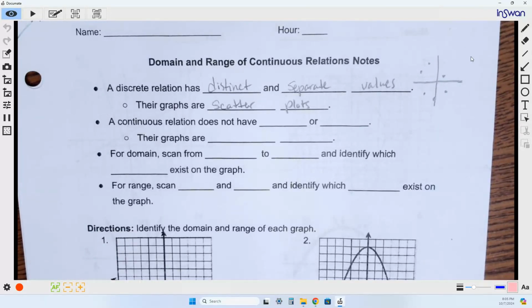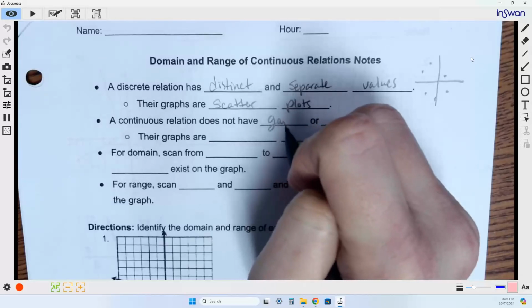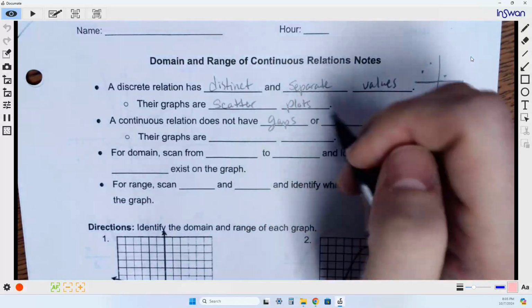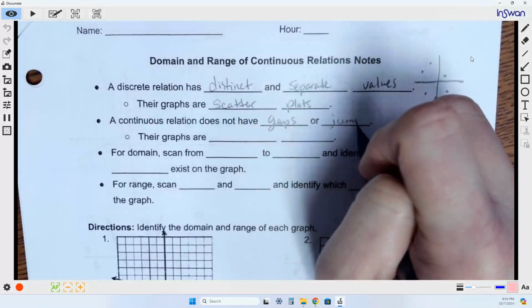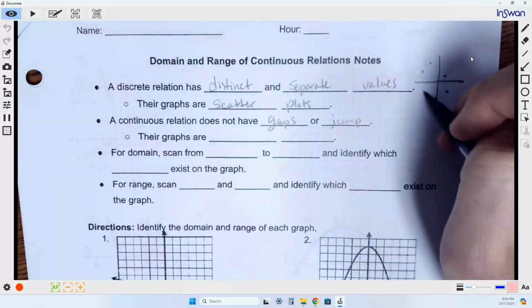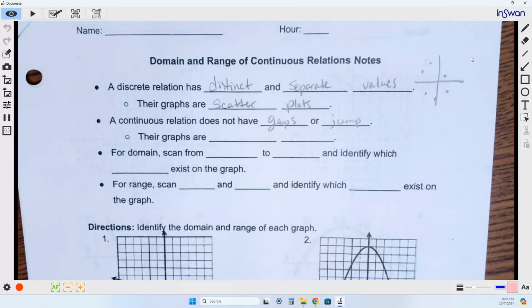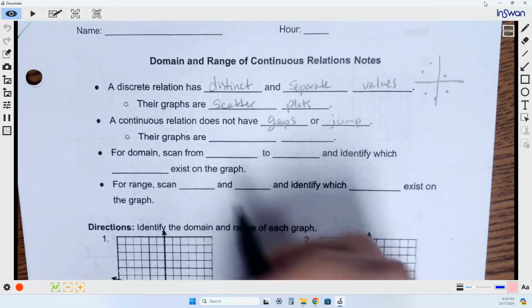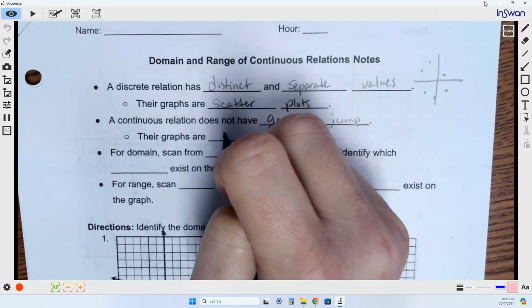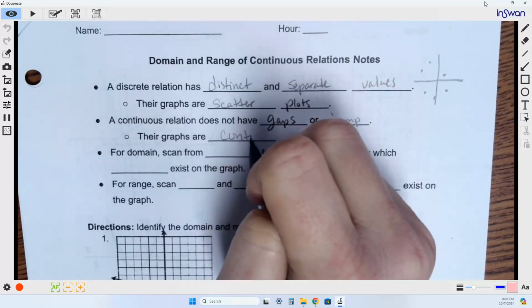A continuous relation, on the other hand, does not have gaps, or they don't have jumps. Like I said, if you refer back up here, we jump around and we have gaps in between, right? So their graphs are continuous lines.